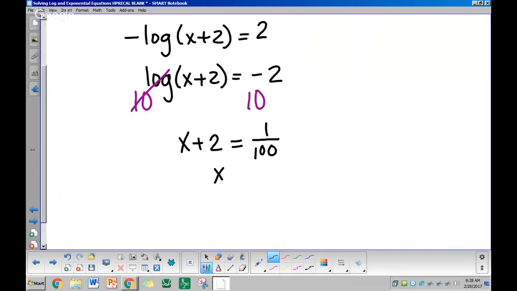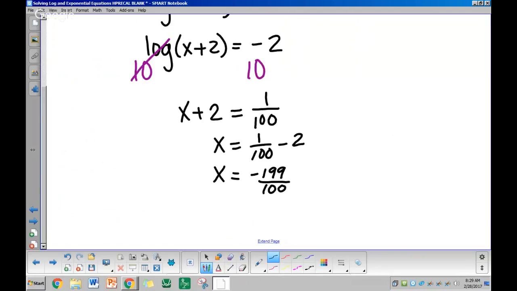And then we get x equals 1 over 100 minus 2, which is negative 199 over 100, or negative 1.99 as a decimal. But isn't that exact? Yeah, it's 1 over 100, this is the solution.